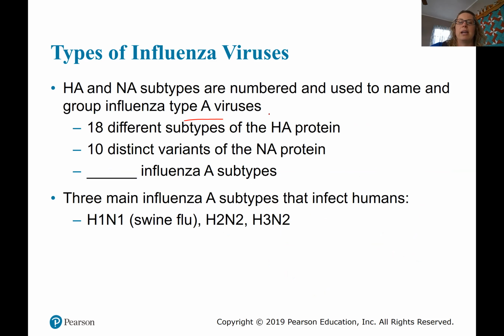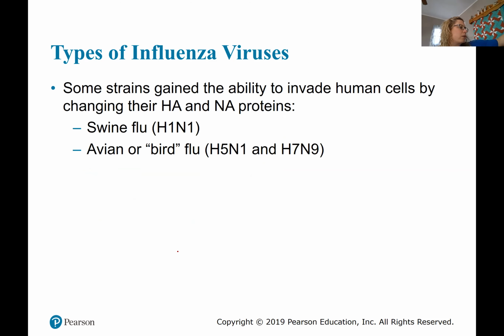There are 18 types of H's and 10 types of N's that are possible that we know of, and so that gives us about 170 different influenza A subtypes. The 3 main ones that are affecting humans: H1N1, which is the swine flu, like we saw in 2009, and then H2N2 and H3N2 are the main ones that we are seeing.